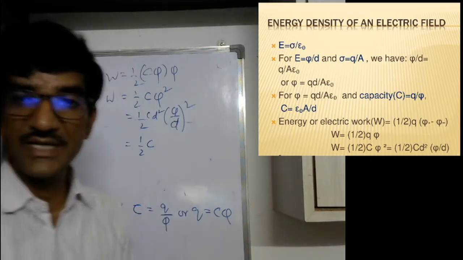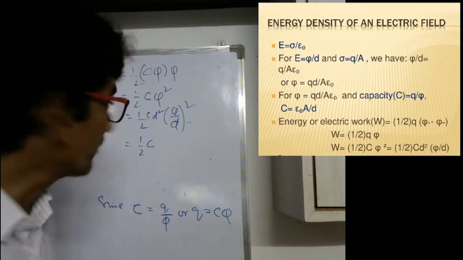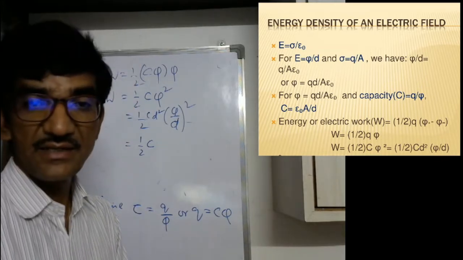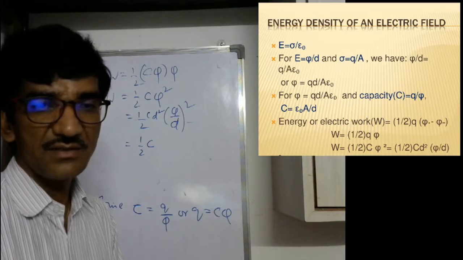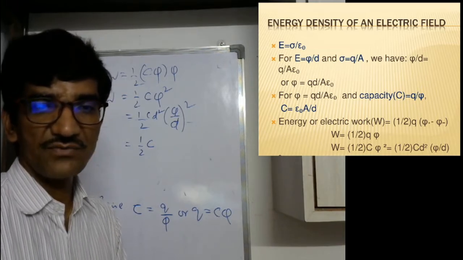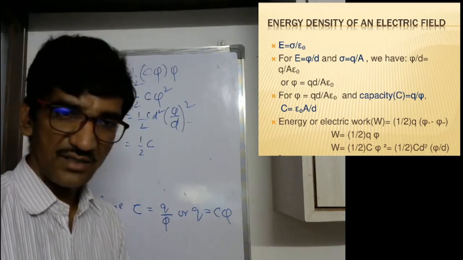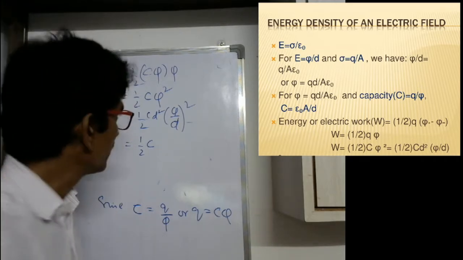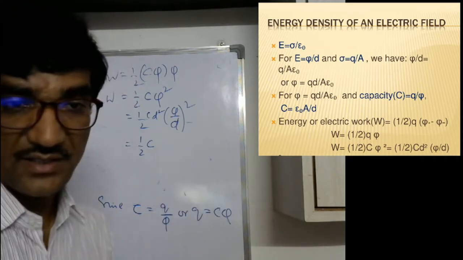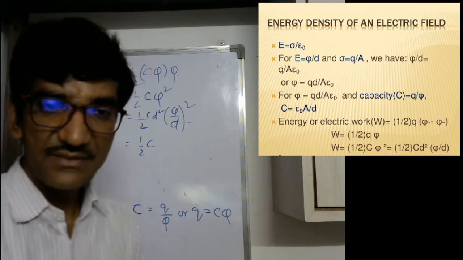But what is phi by d, according to the relation between E and d? Phi is 1 by 4 pi epsilon naught r, d means distance, so phi by d is the electric field.